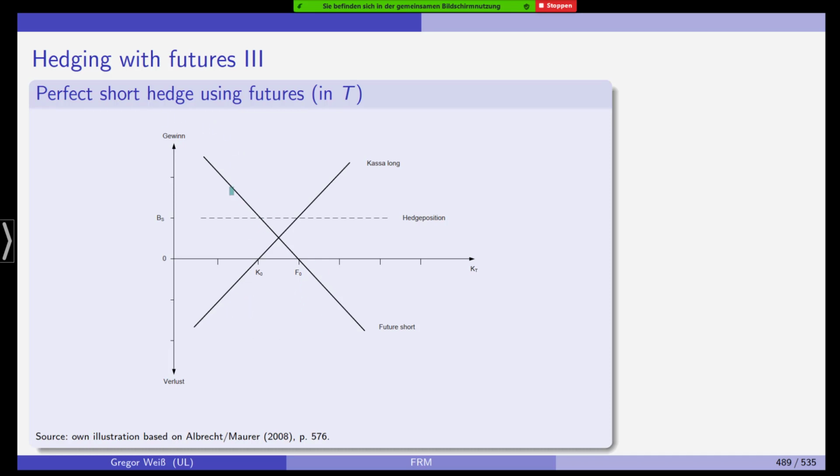As you can see, we have the short future, we have the long investment in the underlying, and if the basis is here, this will be our hedged position depending on the spot price, and it will be constant. The profit and loss will be constant at BS.